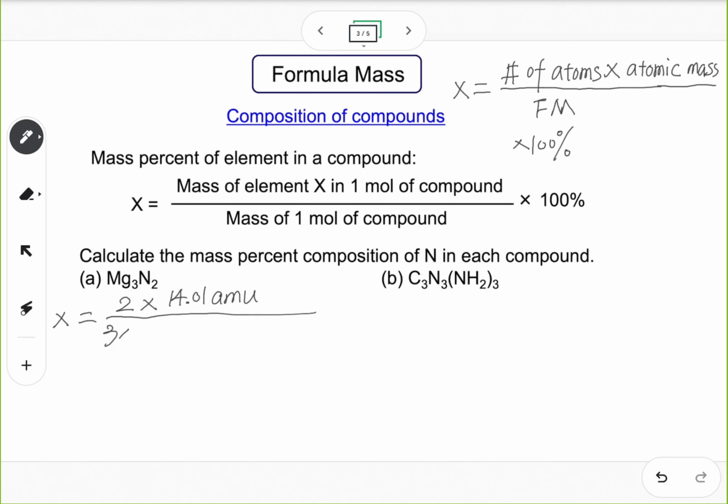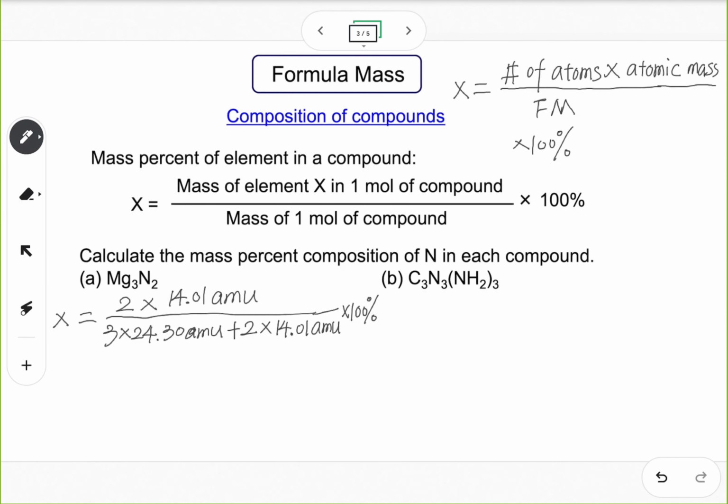At the bottom, we need to do what we did on the last slide. 3 magnesium, each magnesium atomic mass is 24.30 AMU, my bad, plus, again, you have 2 nitrogen, so when you calculate the formula mass of magnesium nitride, these 2 nitrogen have to be considered, 14.01 AMU, times 100%.